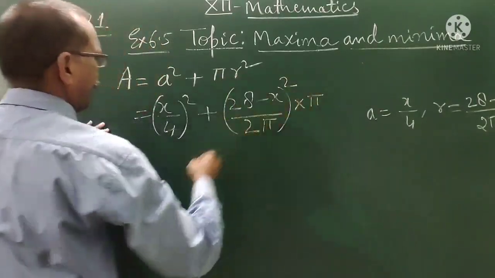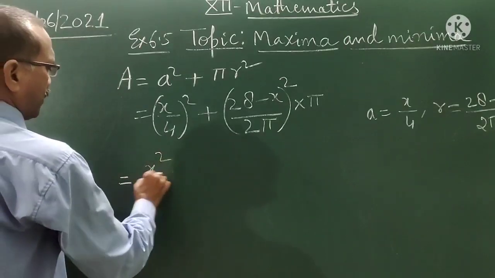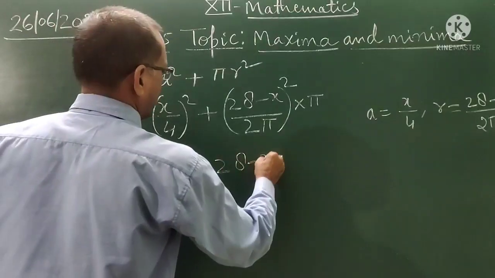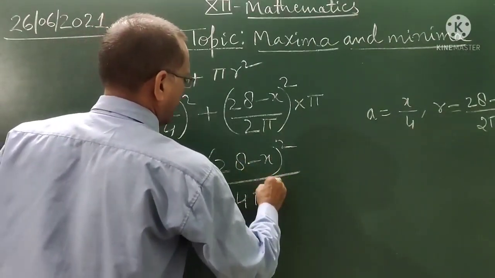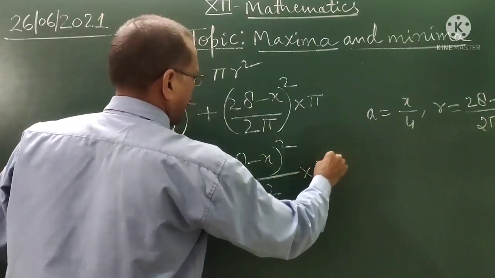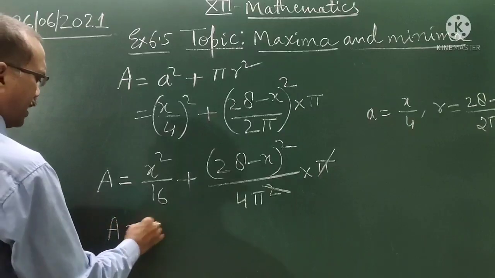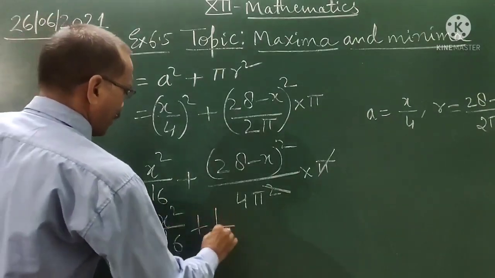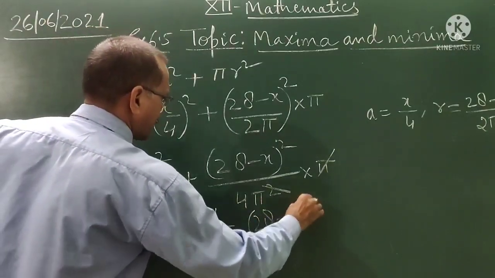Now, x square upon 16 plus 28 minus x whole square upon 4 pi square into pi. Here one pi is cancelled out. So A becomes x square upon 16 plus 1 upon 4 pi into 28 minus x whole square.